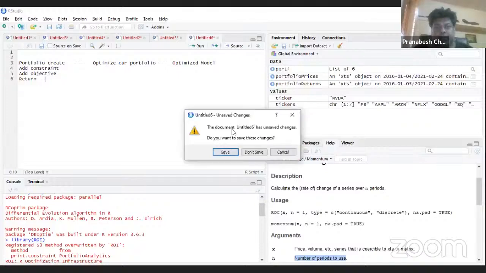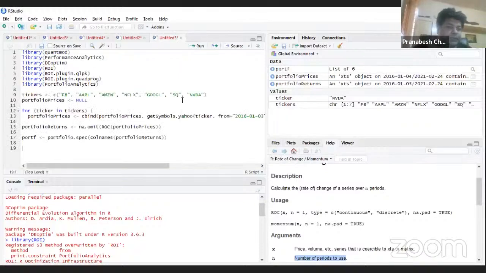Now let's see how we do it in actual practice. We created our portfolio specification. Now let's go ahead and create our constraints. So let's create our first constraint. The first constraint that we will create is called the weight sum.